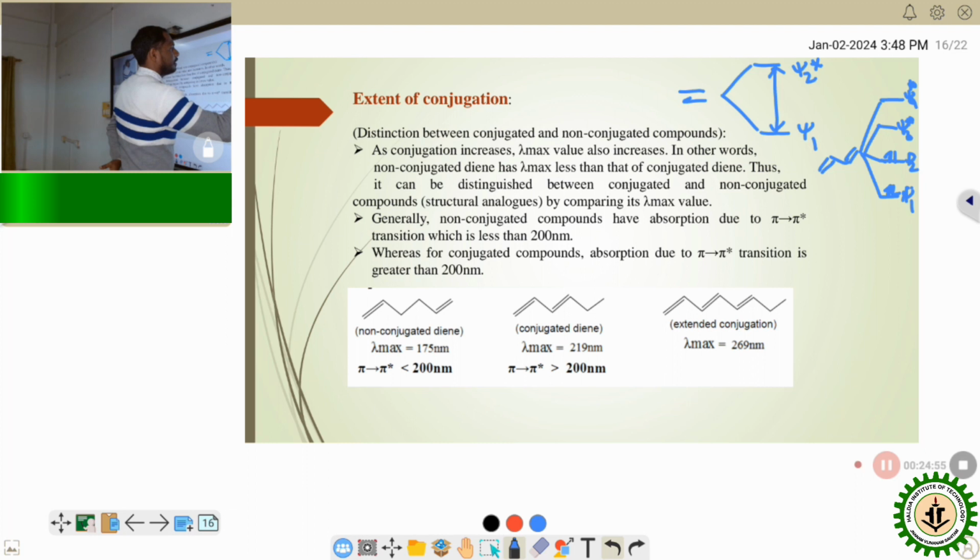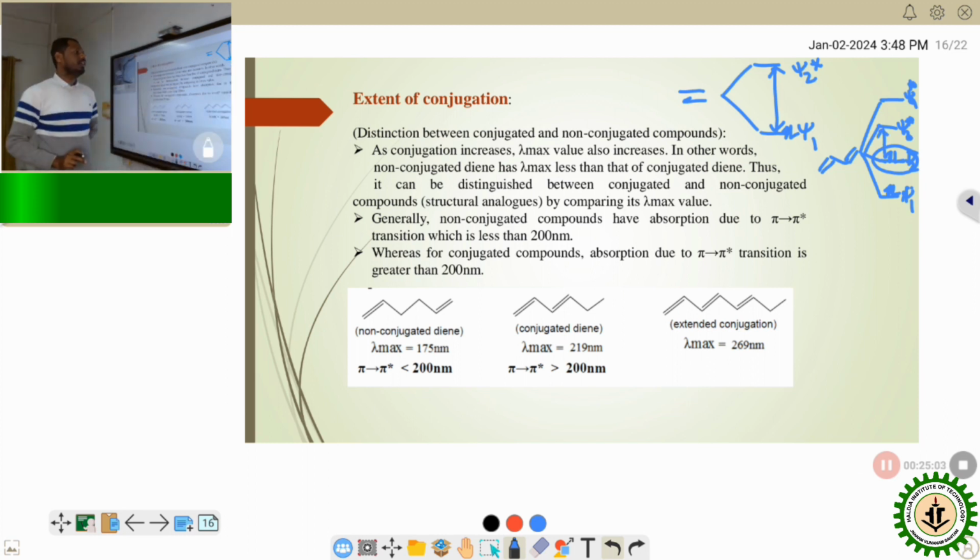Now in that case, this is the HOMO, and for the HOMO to LUMO transition, that amount of energy is required. So a conjugated system reduces the energy gap between HOMO and LUMO. If we add some energy, an electron is easily shifted from HOMO to LUMO, so electronic transition takes place easily.